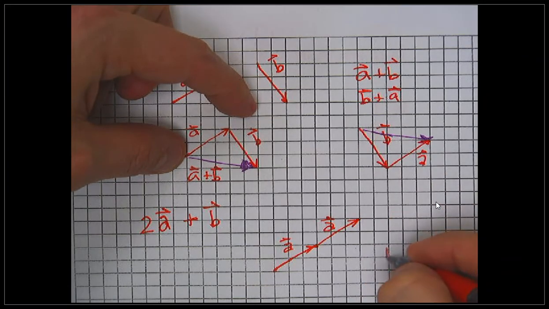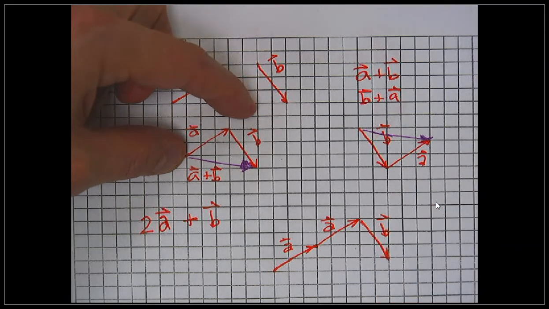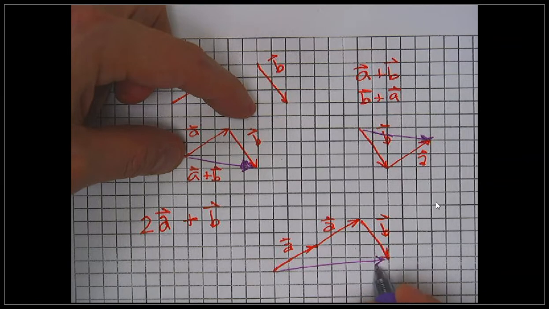In this case, our resultant vector looks like this: 8 over to the right and 1 up.